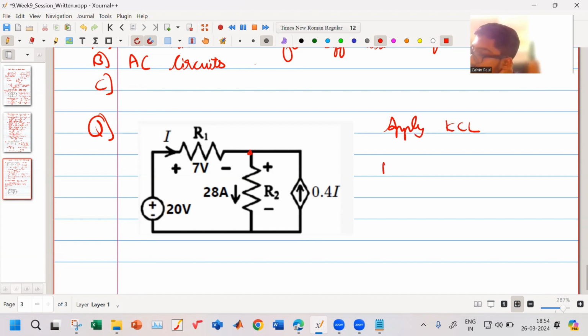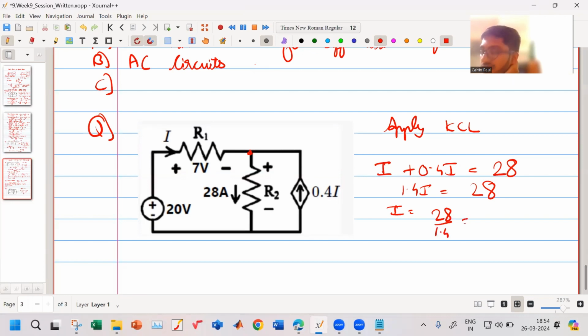I plus 0.4 I is equal to 28, so 1.4 I equals 28. I equals 28 divided by 1.4, that is 280 by 14, 20 amperes. So I got my I.